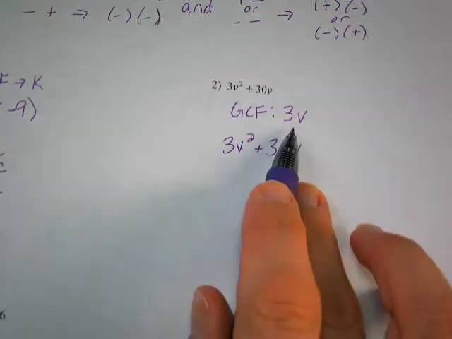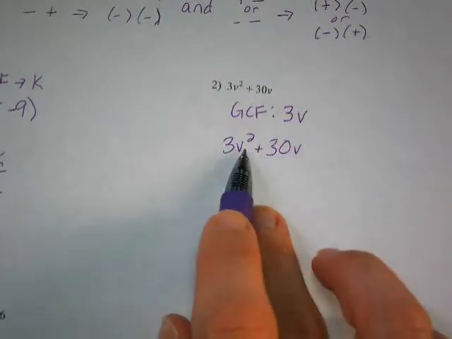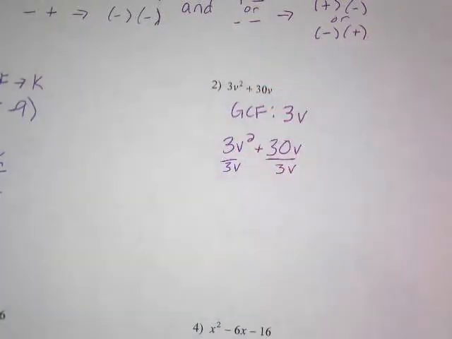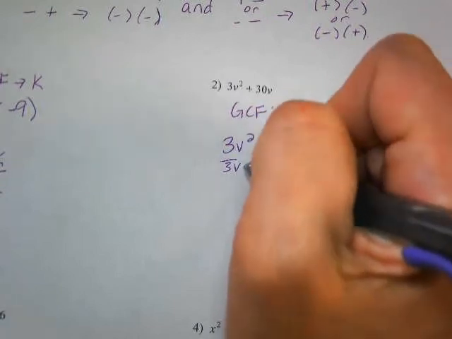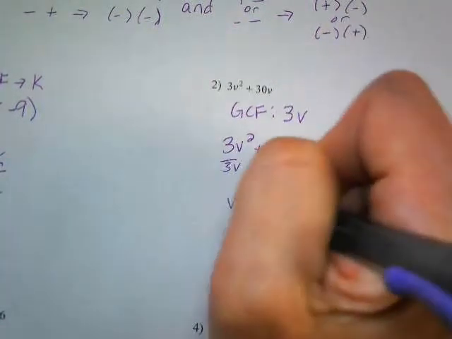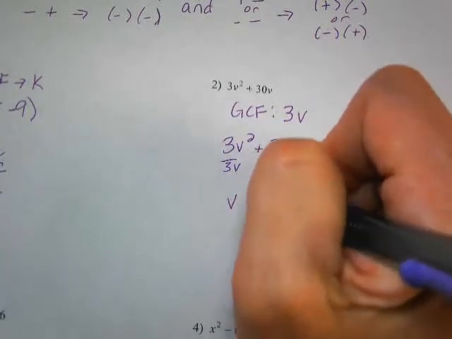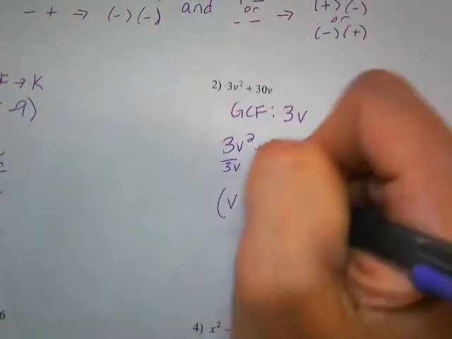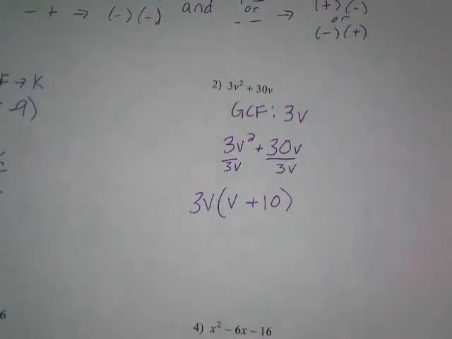So we need to divide. 3 divided by 3 is 1. V squared divided by V is V. Plus 30 divided by 3 is 10. V divided by V, those cancel. And then we have our GCF on the outside. So 3V times the quantity V plus 10.